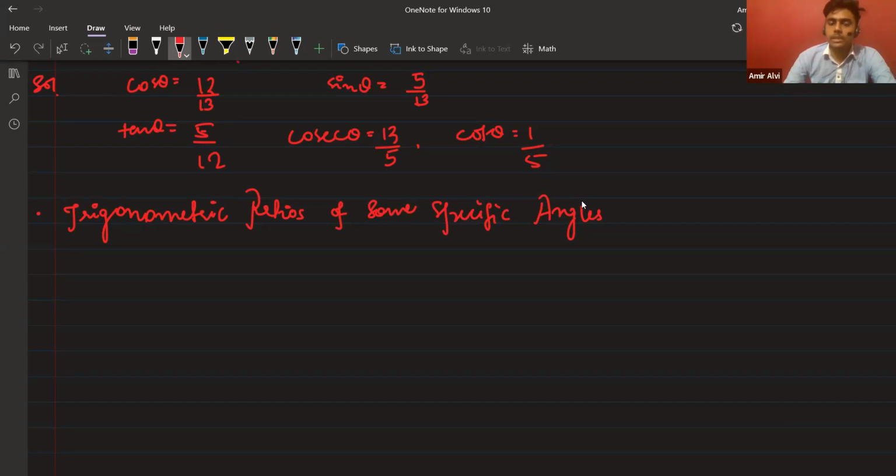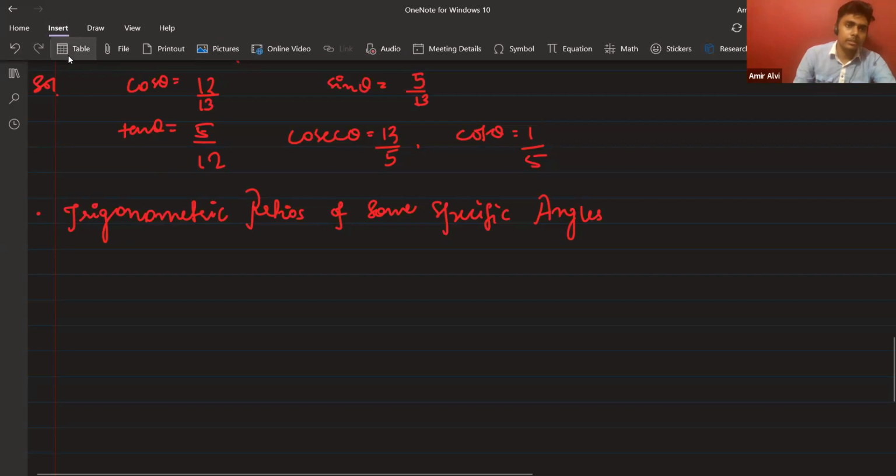We have around 6 angles at which we can find the values very easily, without solving anything. We know the values directly. First of all, let me insert a table.